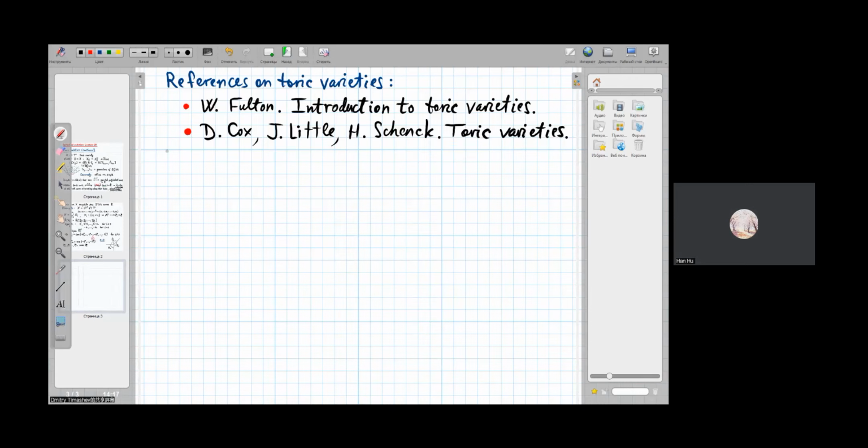So the first one will be to describe the fan for the following toric varieties.